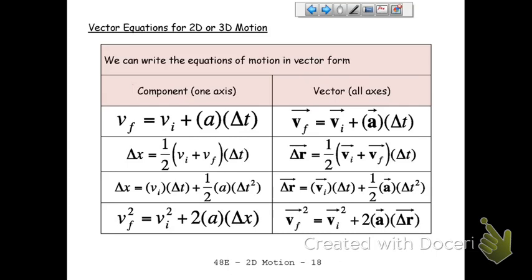So these are great, but I don't have much of a clue about that one because I don't know how to multiply 2 IJKs together as yet. So what we find is that this works a lot of the time, but not all the time. So we still want you to know components.